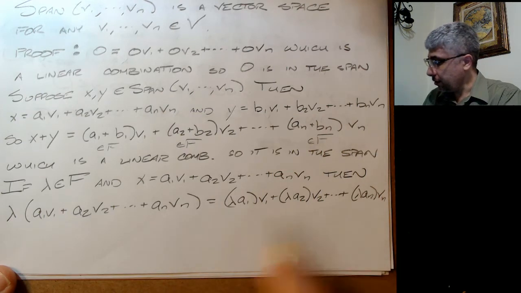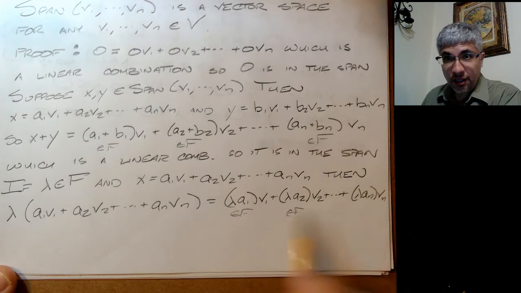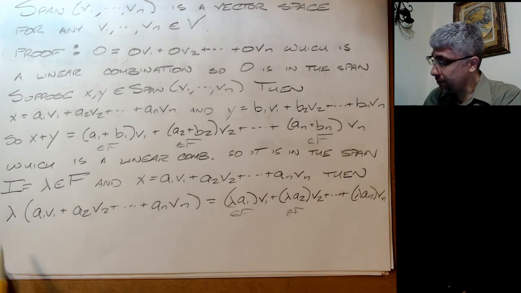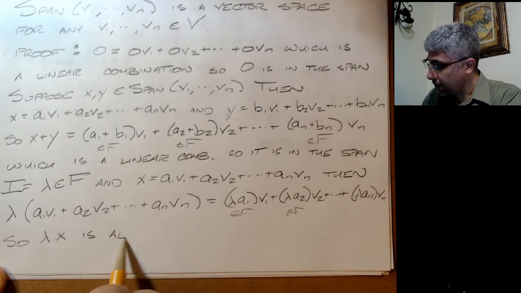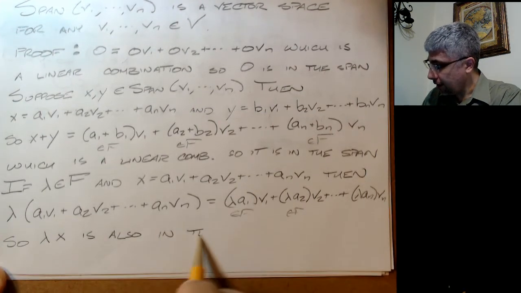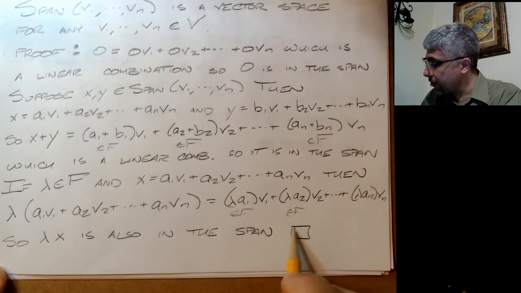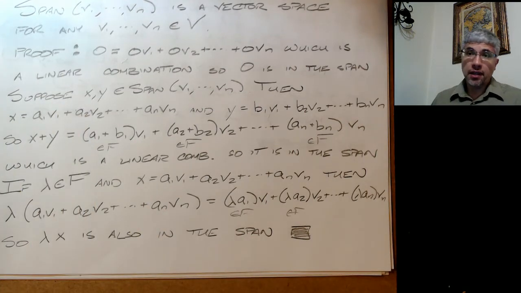Okay. So what is this? Well, this is in the field, and this is in the field, and this is in the field. So what do we have? We have a linear combination of the same vectors, v1 through vn. So lambda x is also in the span. So we've shown that the span is closed both under addition and scalar multiplication, and we know it's non-empty. So that's all we have to show to know that the span happens to be a vector space.